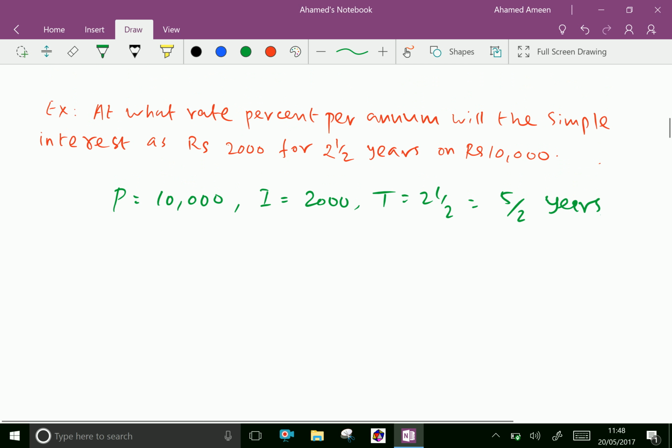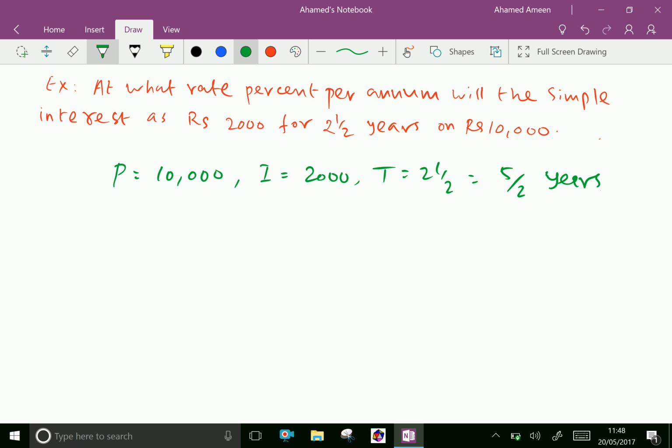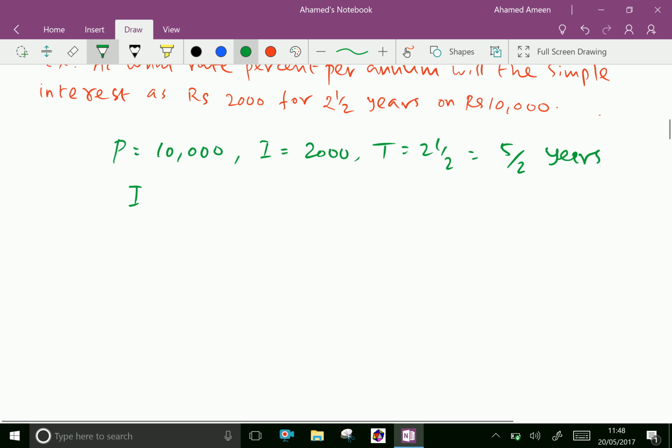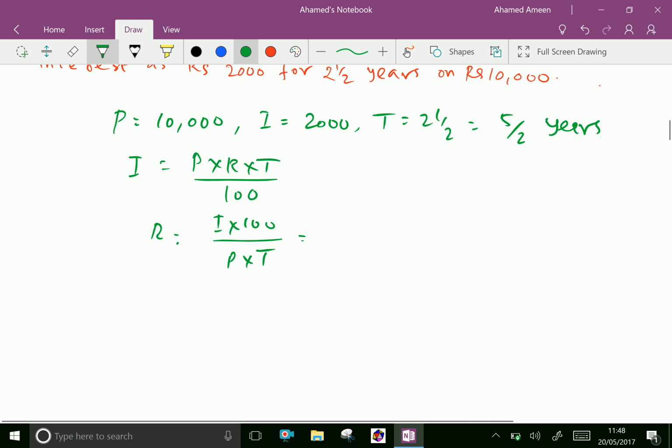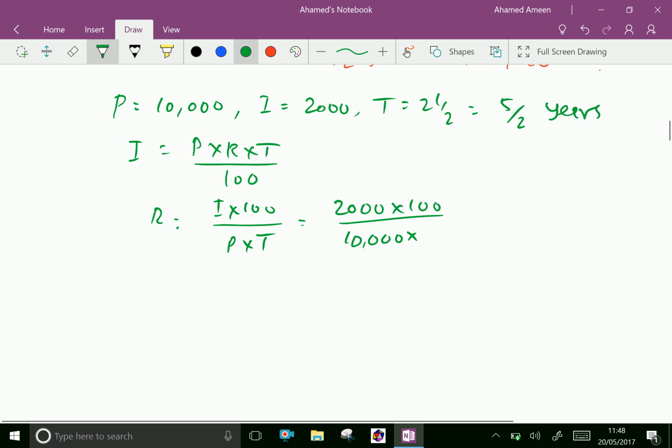Now rate of interest. I equals P R T upon 100. Then rate of interest R, by cross multiplying, equals I into 100 over P into T. I is 2000 into 100 over principal P, which is 10,000, into T, which is 5/2.